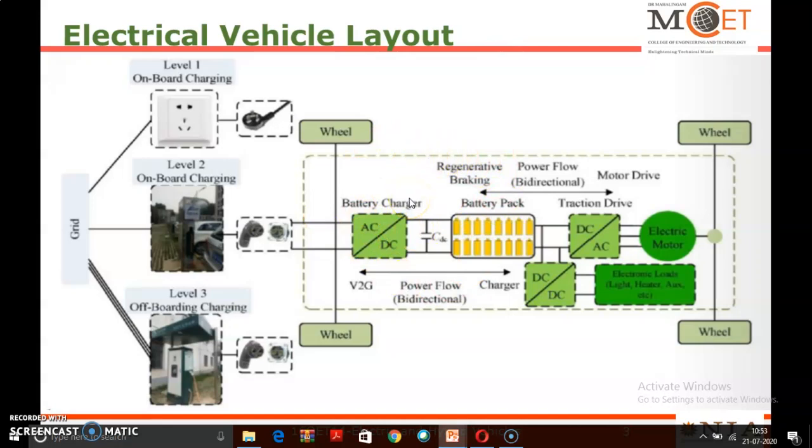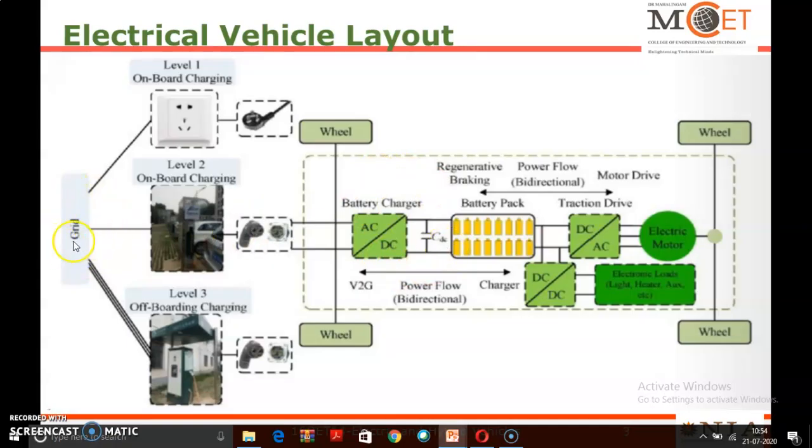This we already discussed in the previous classes. Now today we will see what energy sources can be integrated with this electric grid system so that it can provide the electric power to the electric vehicle drive systems.